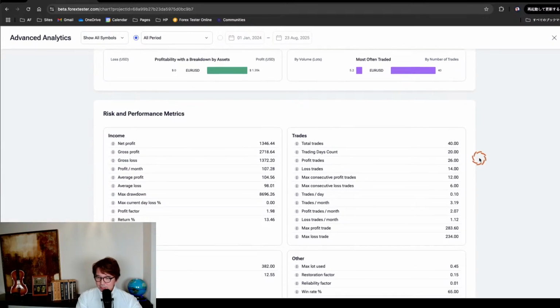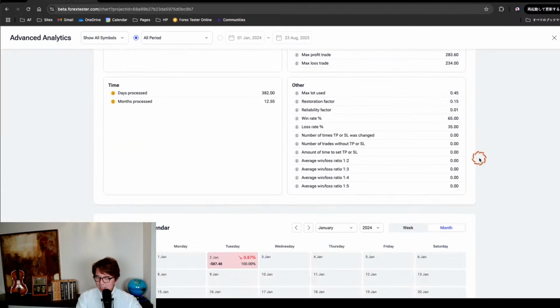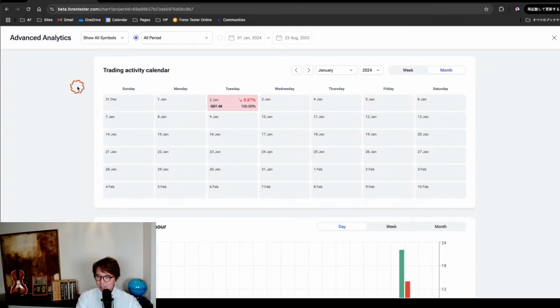Yeah, as a result, this is my stats. And here's a calendar too. In terms of weeks or months, you can choose which days you took the trade per month. But since I was only using the daily time frame, I only take like 1 or 2 days per month.